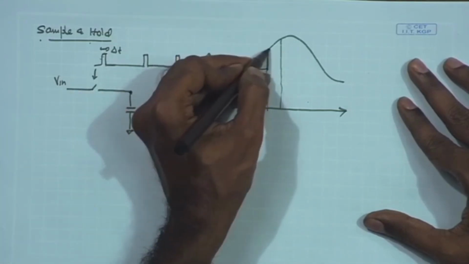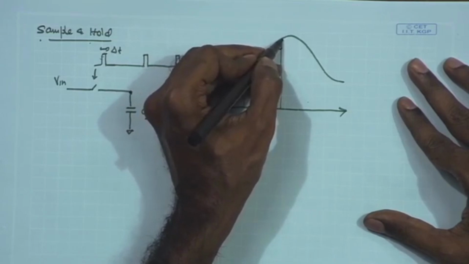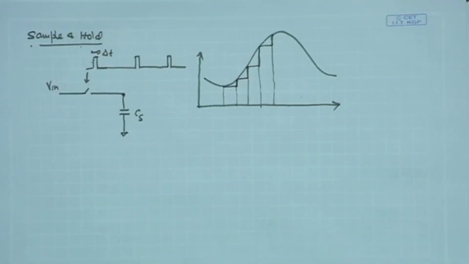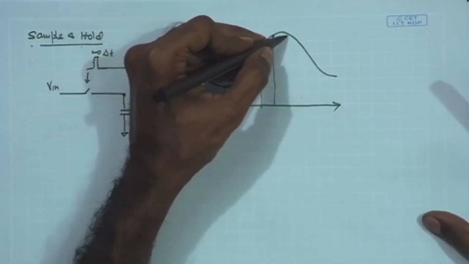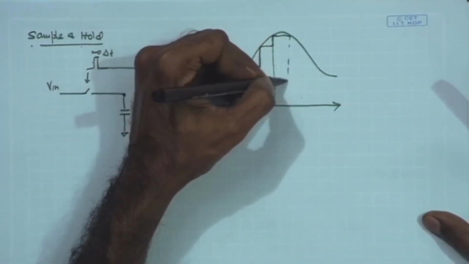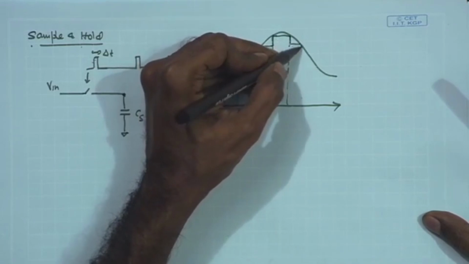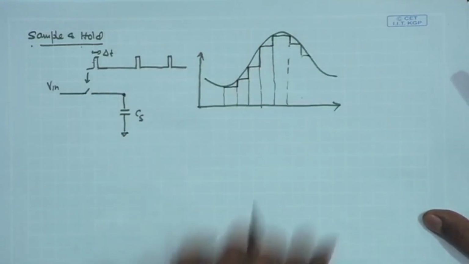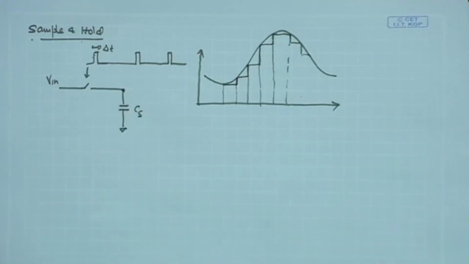So, this will be something like close to true sample and hold, and so on. So, this is the output waveform, the staircase waveform that we are going to get at the Cs.